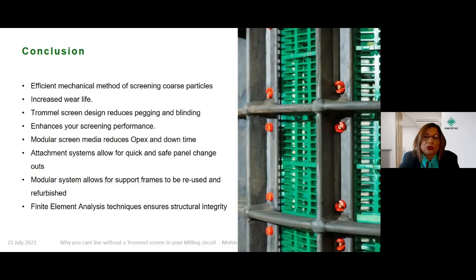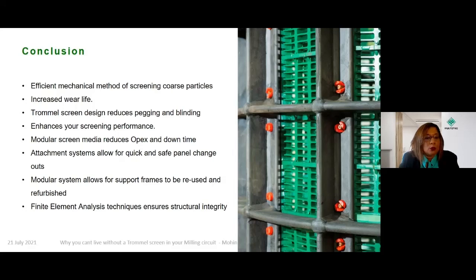And now we come to the conclusion, ladies and gentlemen. To conclude, I would just like to mention that trommel screens are an efficient mechanical method of screening coarse particles. They allow for increased wear life. Multotec trommel screen designs reduce your pegging and your blinding. You enhance your screening performance by using a Multotec trommel design.